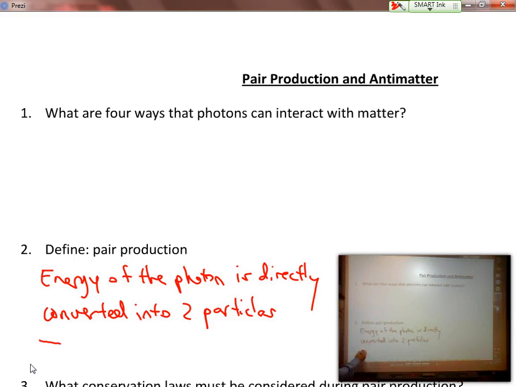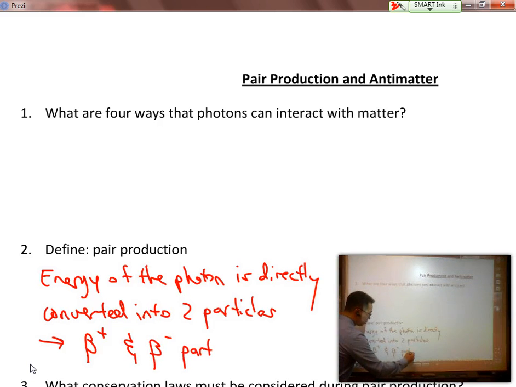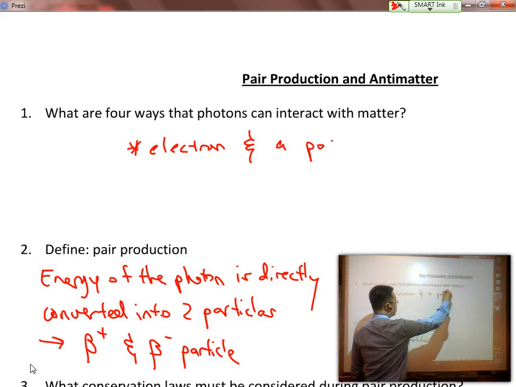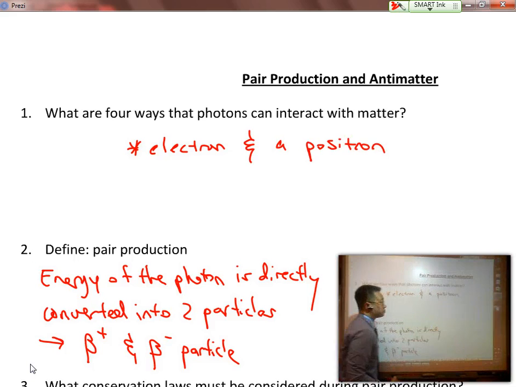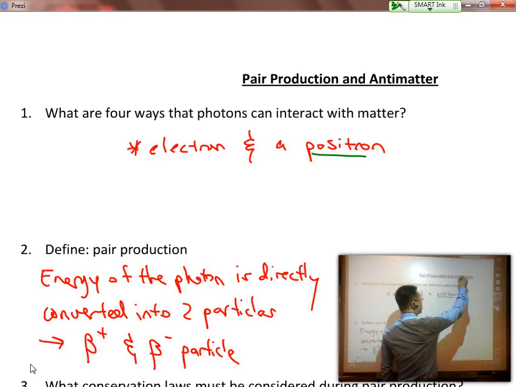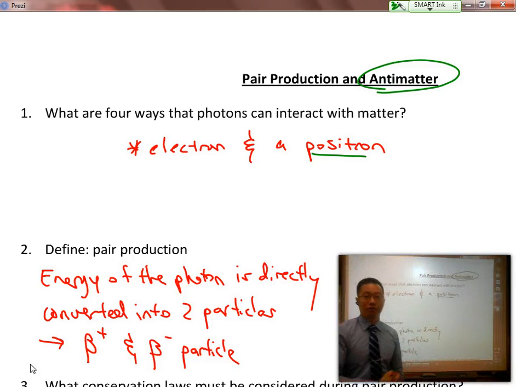They turn into a beta positive and a beta negative particle. In other words, it turns into an electron and a positron. A positron is just a certain type of antimatter.